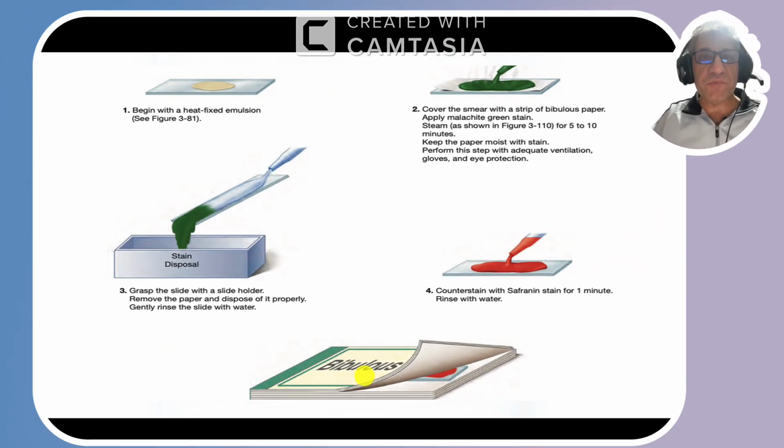Again, this is the smearing. You look, smearing and heat fixation, malachite green, as I said, 5 to 6, sometimes up to 10 minutes, and the staining then by safranin.